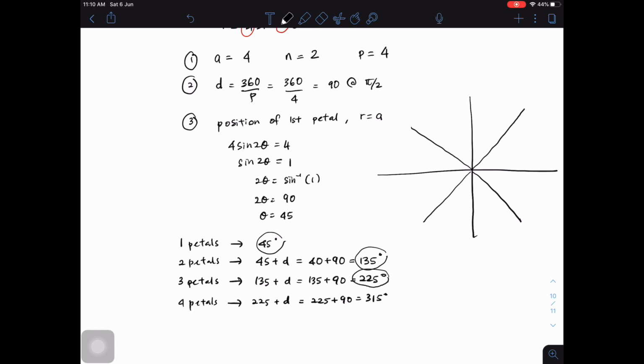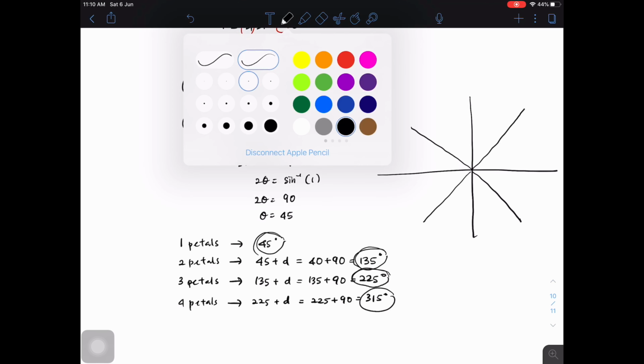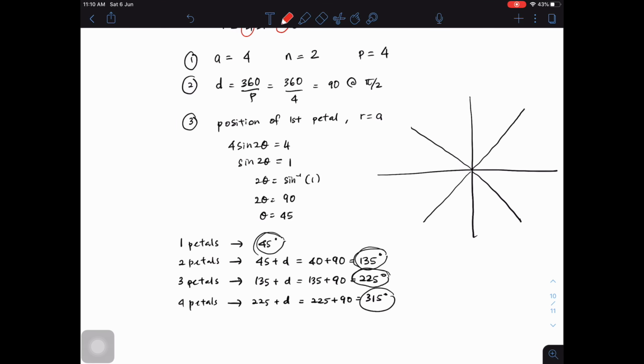You need to always remember that 45, 135, 225 and 315 are the values of theta. It means that from your polar axis to your first line, you have theta equal to 45 degrees. From your polar axis to your second line, you will have theta equal to 135 degrees.